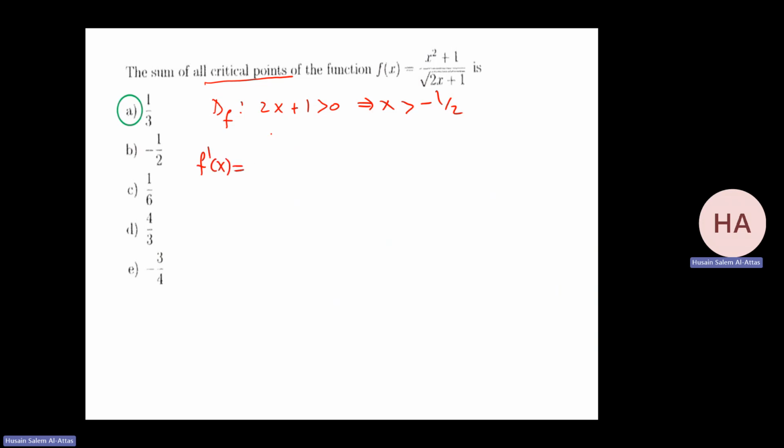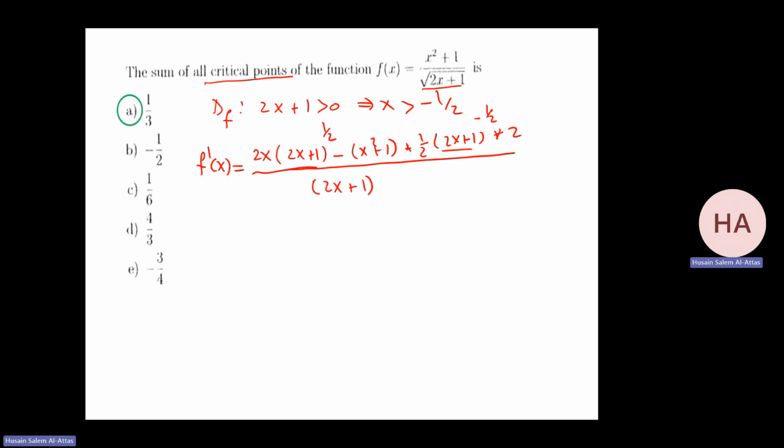I have the derivative of the numerator, 2x, times the denominator, which is 2x plus 1 to the power half, minus the numerator times the derivative of this, which will be half, 2x plus 1 to the power minus half, times the derivative of this, which is 2, all over the square of the denominator, which is 2x plus 1.